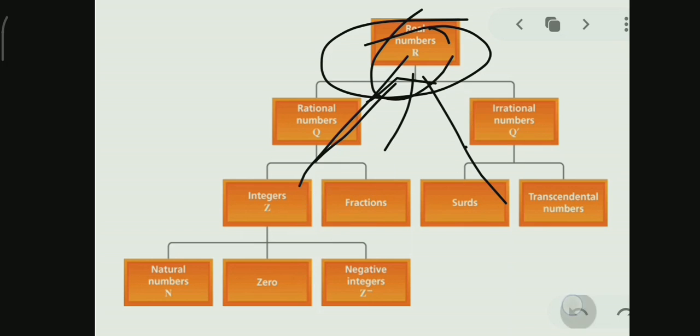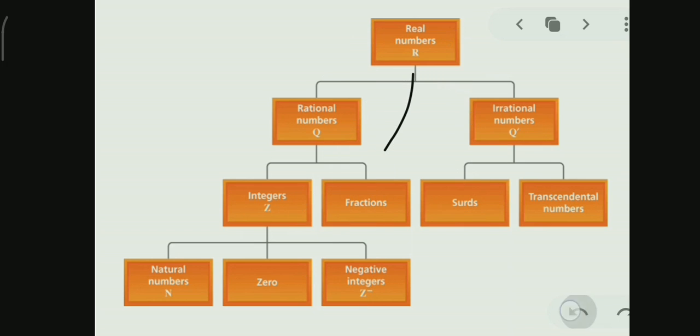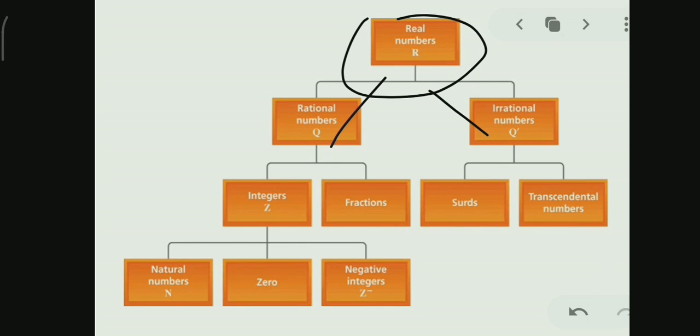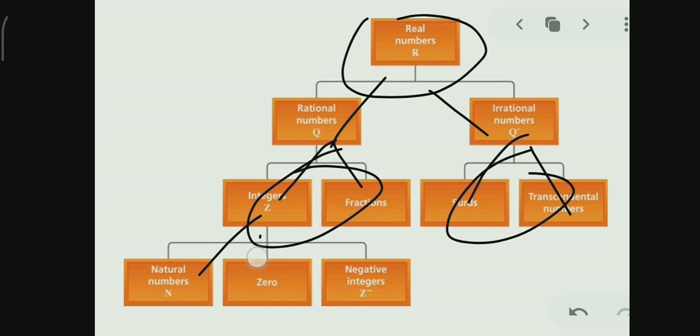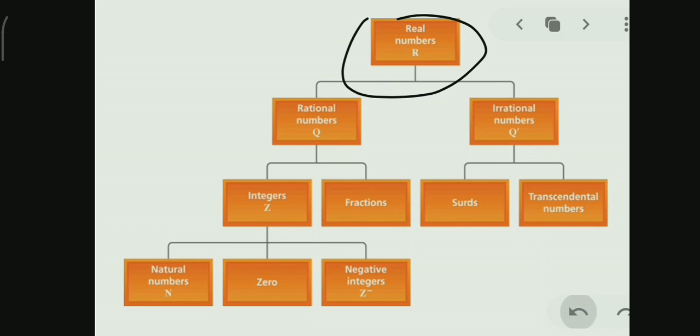So the real number is like the grandfather of this number tree. Then they have two sons, this son also has two sons, this one has also two sons, this has three sons, like that. You see, this is a number family, correct? So you have understood that.